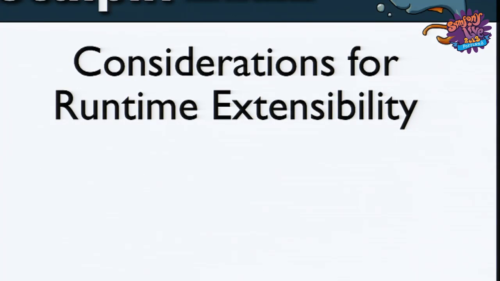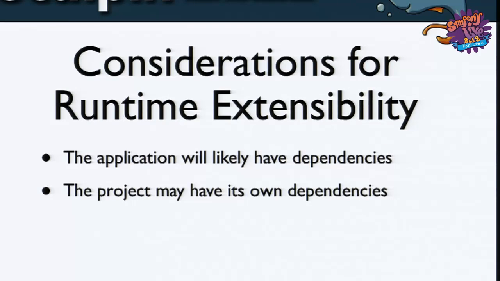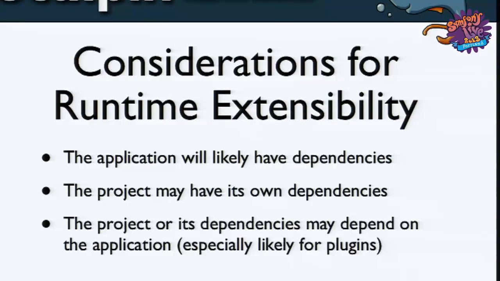Some of the things to keep in mind when you're talking about runtime extensibility is that the application is going to have dependencies. That's kind of a given. The project may have its own dependencies, and the project and its dependencies may also depend on the application itself. In the case of a plugin, this makes a lot of sense.